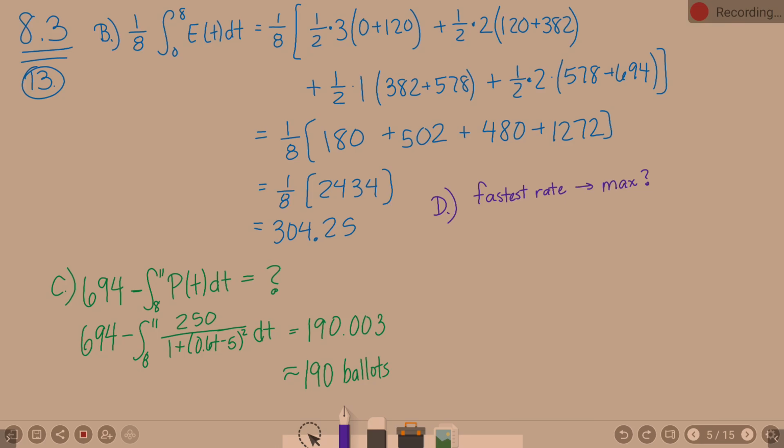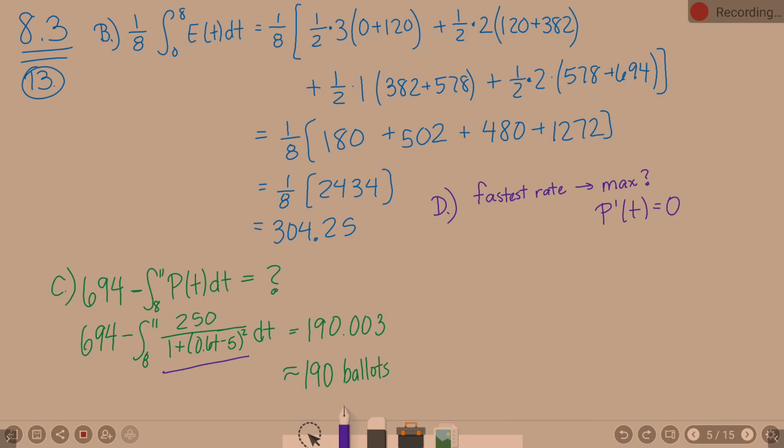How do we find a max? This goes back to first semester. Set what equal to 0? Okay, so in order to find a max, we're going to be looking for when does P prime of t equal 0. That means I'm looking for when does this function equal 0, because when a derivative equals 0, that's when there's a max or a min.